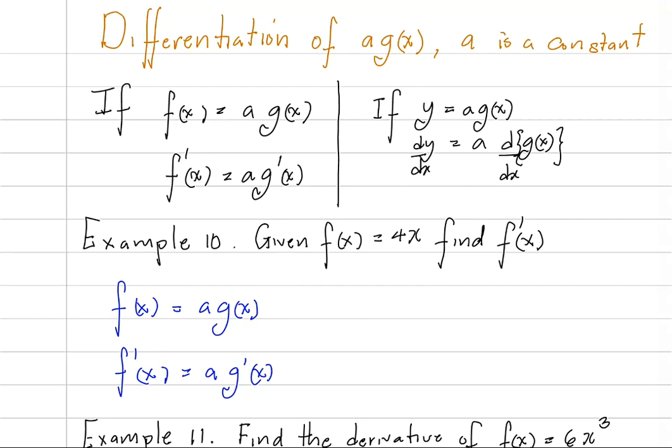In other words, if you have a number multiplied by a function, when you differentiate, you keep the number and you differentiate the function of x. So in other words, if y is equal to a g of x, dy by dx, which is the first derivative, is equal to a times the first derivative of g of x. Essentially, that is what it is saying.